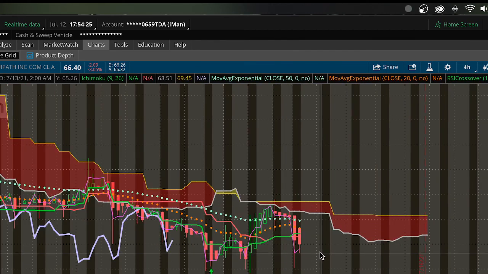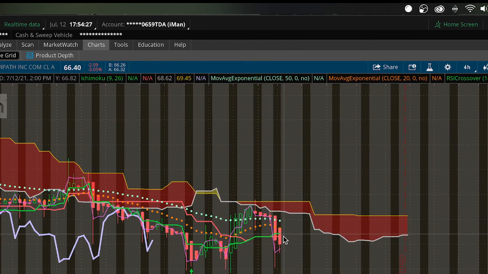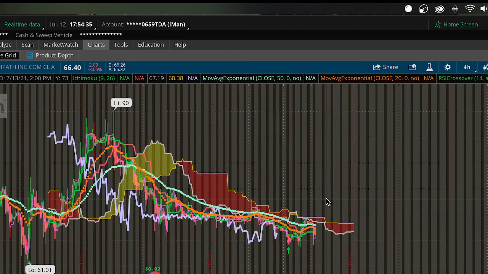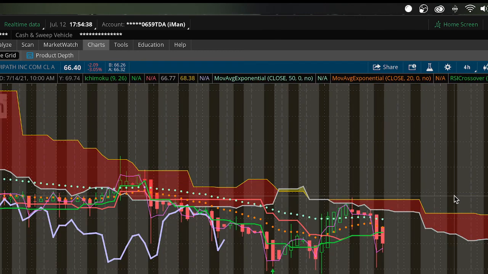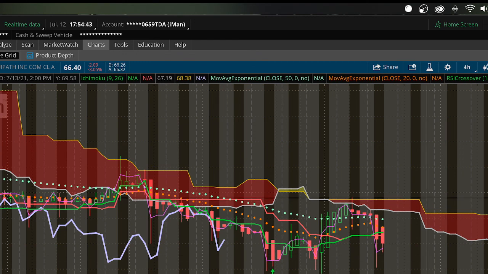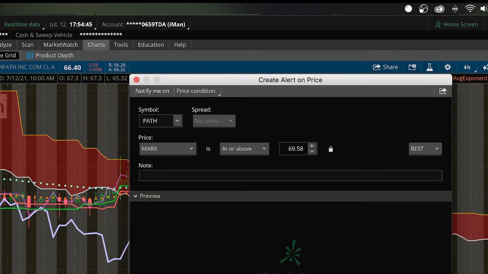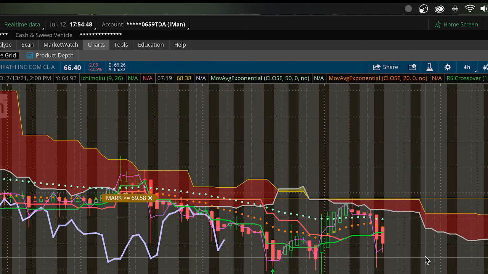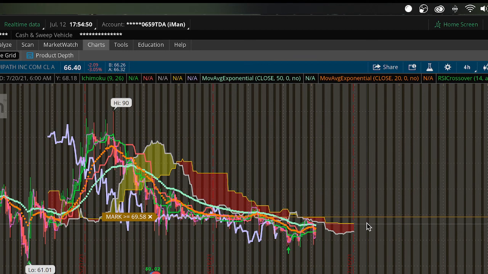But I don't want to see this green cross underneath the red, because I think we're going to have some more downside if so. But if we do get above this 69, 70 range, it looks like it's going to be a really good play to have. So I would set an alert if I'm anyone else in this chat, because I think this one could be a great runner. I think we've been seeing some flow on this name as well, if I'm correct. So get ready for Path. Over 70 looks like a great play to be in, at least for a scalp. You should be able to make some great money off this.